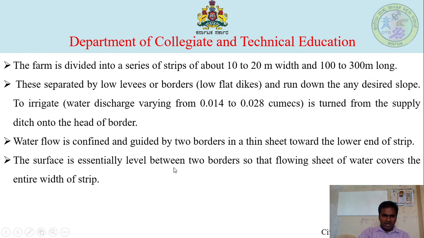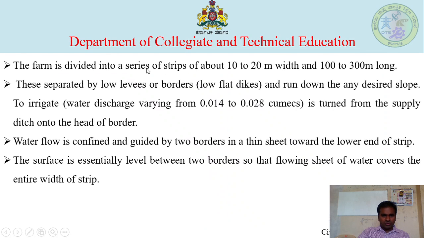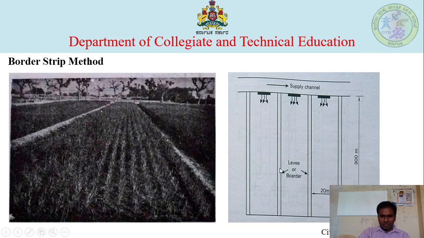The length of the border varies from 100 to 300 meters. Next, a series of strips is provided. The width of each strip varies from 10 meters to 20 meters. These are the strips, and this is the border.